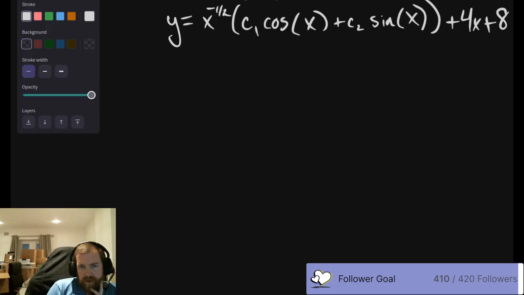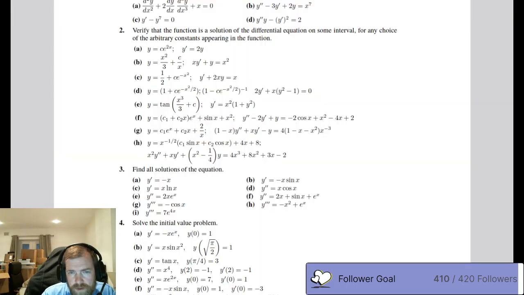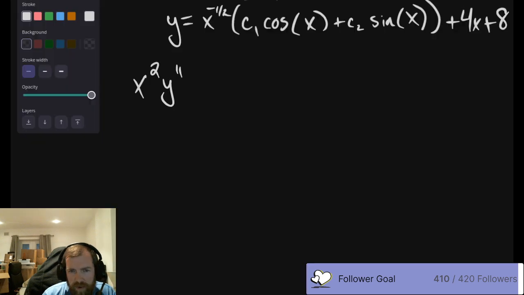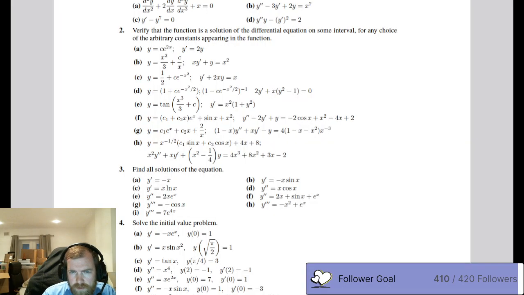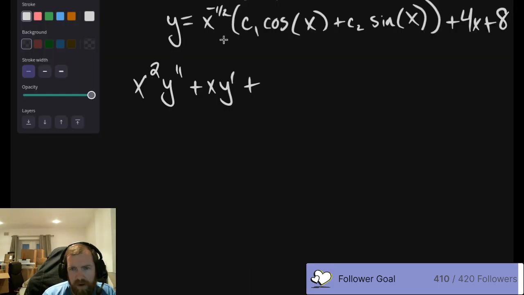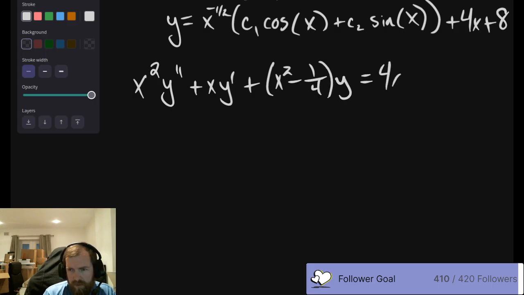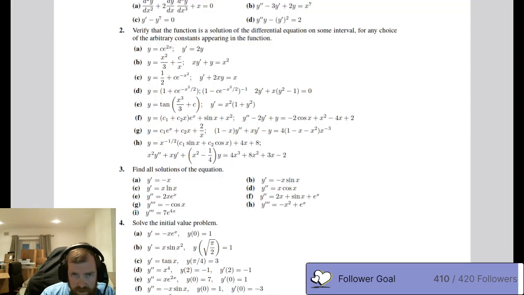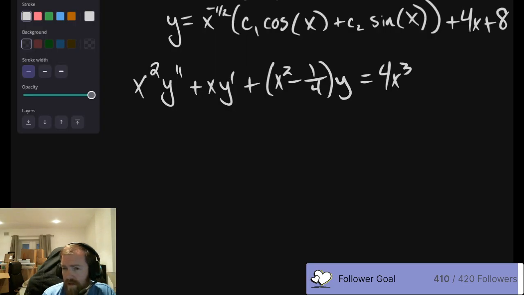Okay, so with this, we want to show that the differential equation x squared y double prime plus xy prime plus x squared minus a quarter y is going to be equal to 4x cubed plus 8x squared plus 3x minus 2.